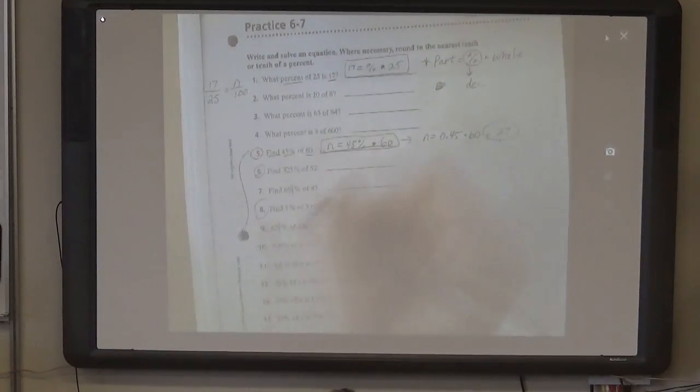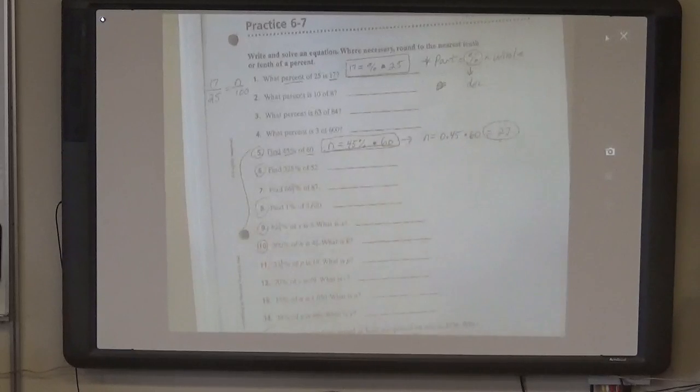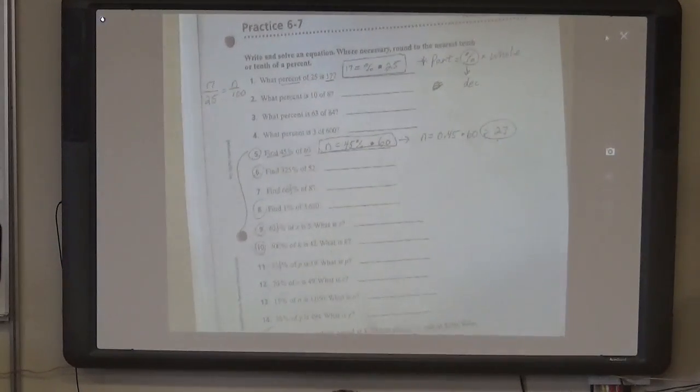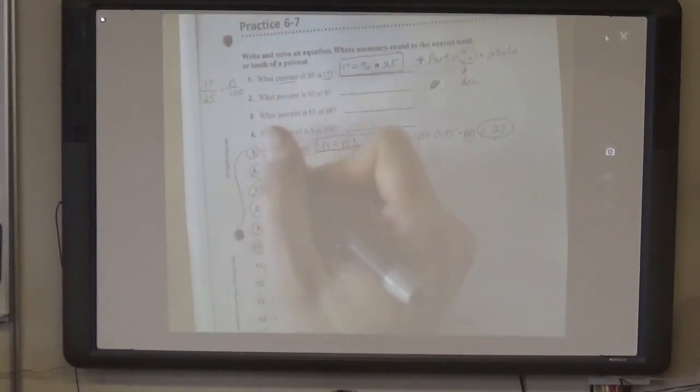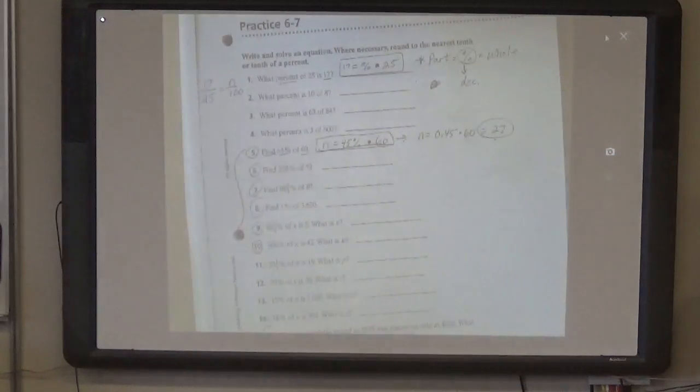Let's try a couple of these where you're finding the whole also. So let's do 5 through 10 and 15, okay? 5, 6, 7, 8, 9, 10, and 15.